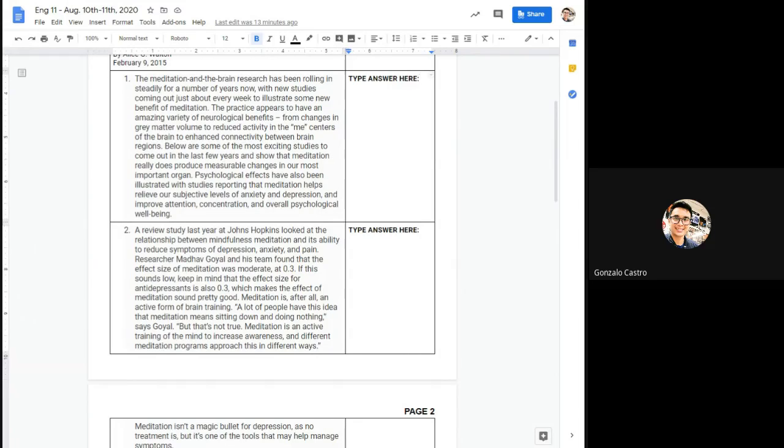So if you take a moment to think about the topic for paragraph 1, it's clearly about meditation. The main idea, or what the author wants the audience to understand about meditation, is that meditation causes changes to the brain, including positive changes.